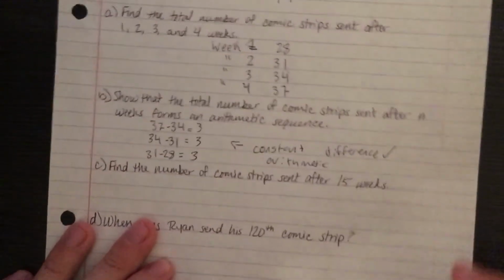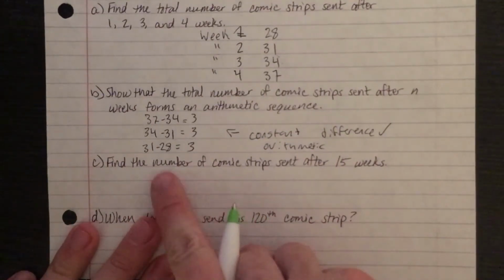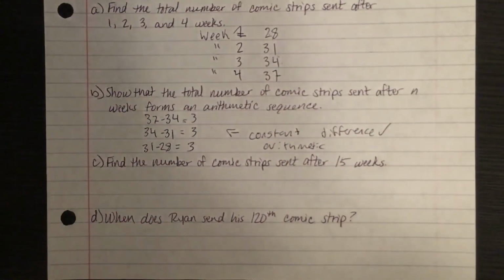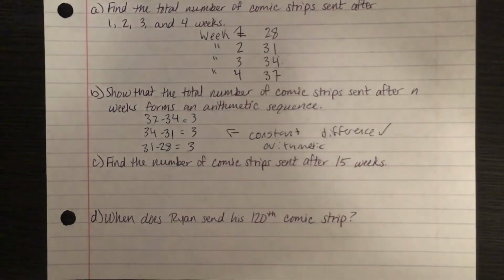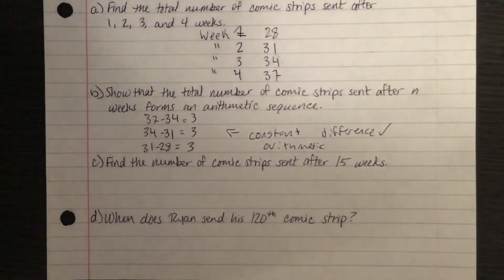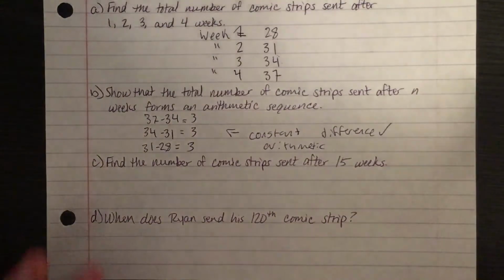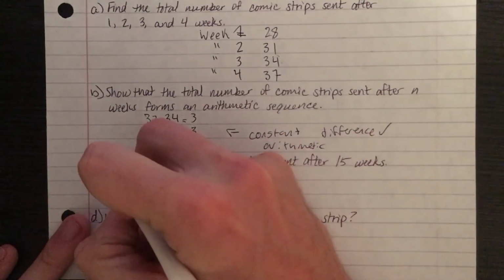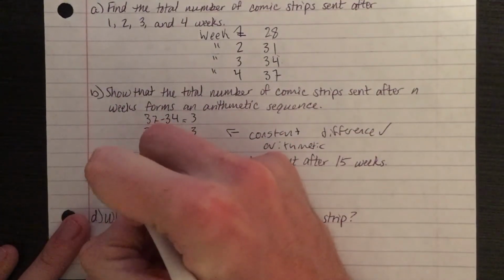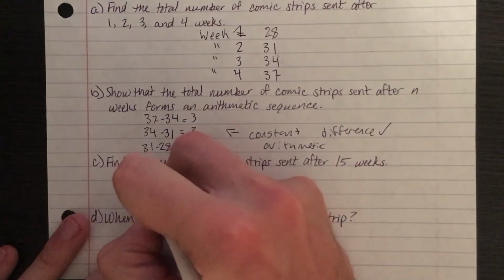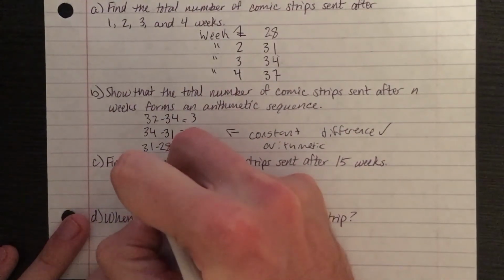So then what we want to find out here is, okay, find the number of comic strips sent out after 15 weeks. So to do that, I'm going to stray away from adding 3 that many times. I think that we are in an advanced math class here.